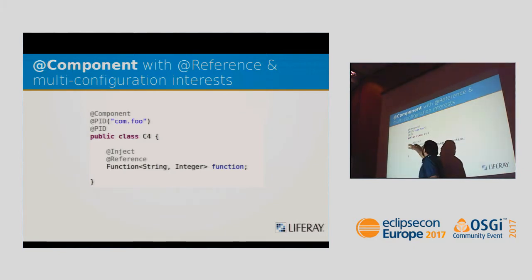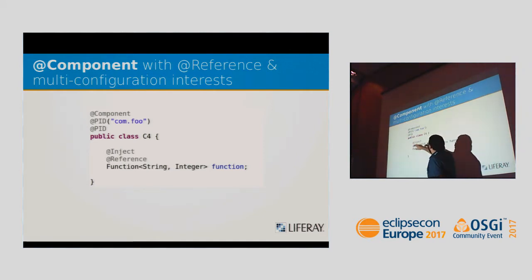So the values inside the default PID would, in this case, come last, right? The last man wins, and so those would supersede what comes into the com.foo configuration.